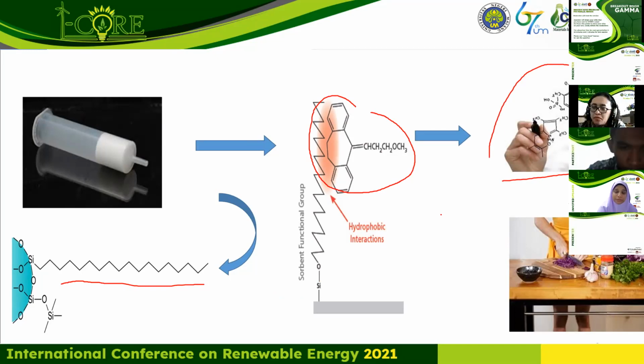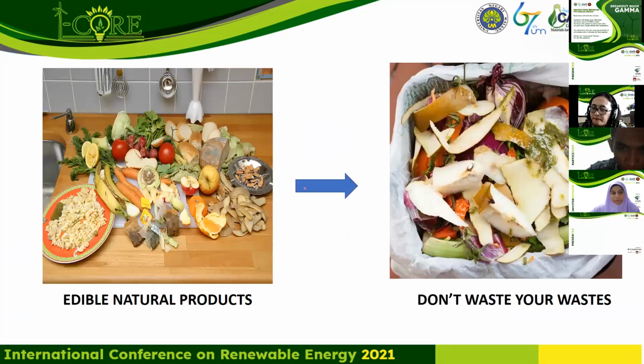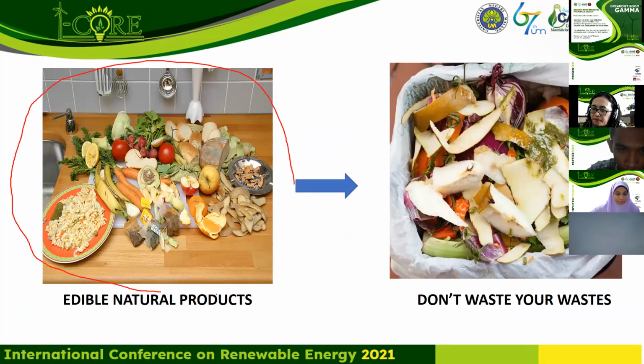So that's why at the end, we started to turn to materials that use natural products, the material that we can easily get in our kitchens. We call it an edible natural product that we can easily access in our kitchen.